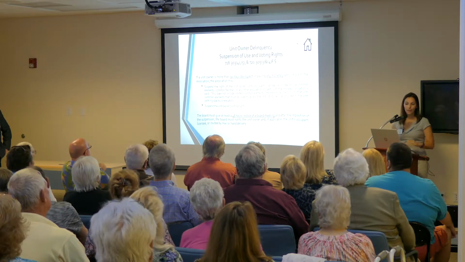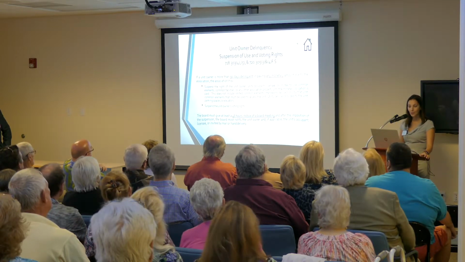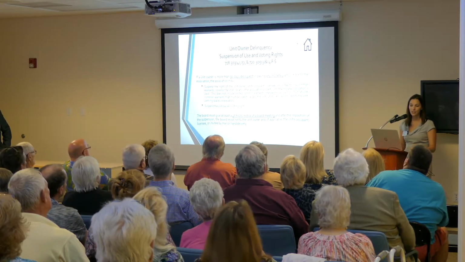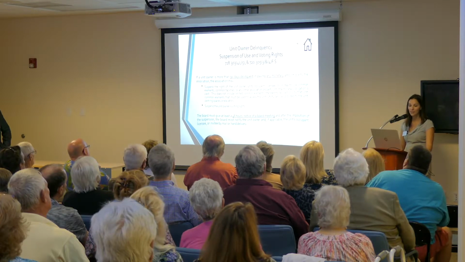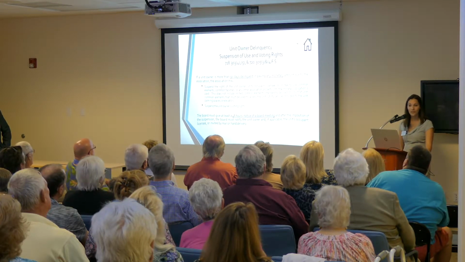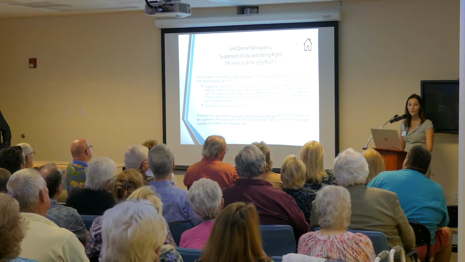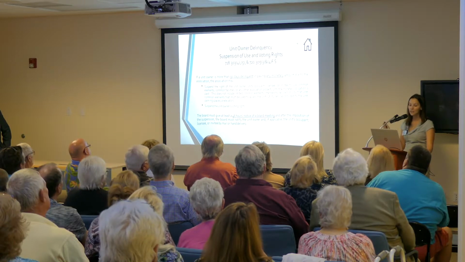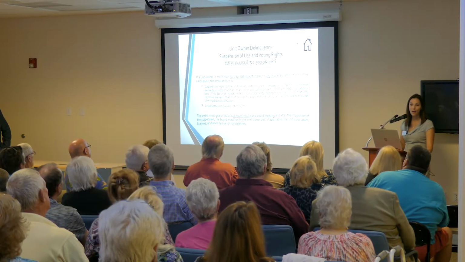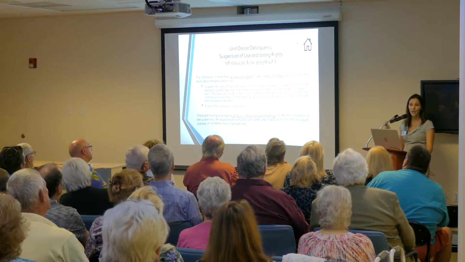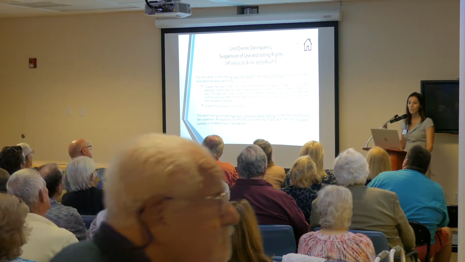If an owner is more than 90 days delinquent in paying any monetary obligation to the association, the association may suspend their rights to use the common facilities, like we talked about, or suspend their voting rights. What's interesting is it does not require the fining committee to approve this. It's just done by the board.